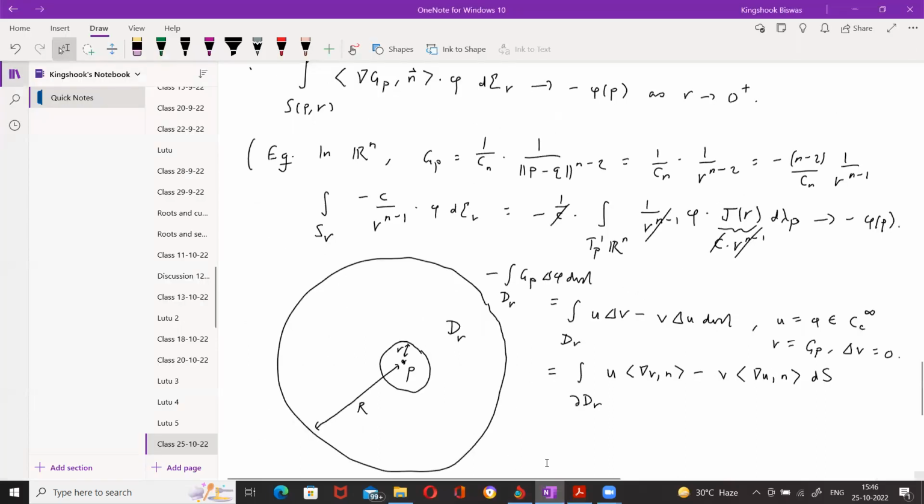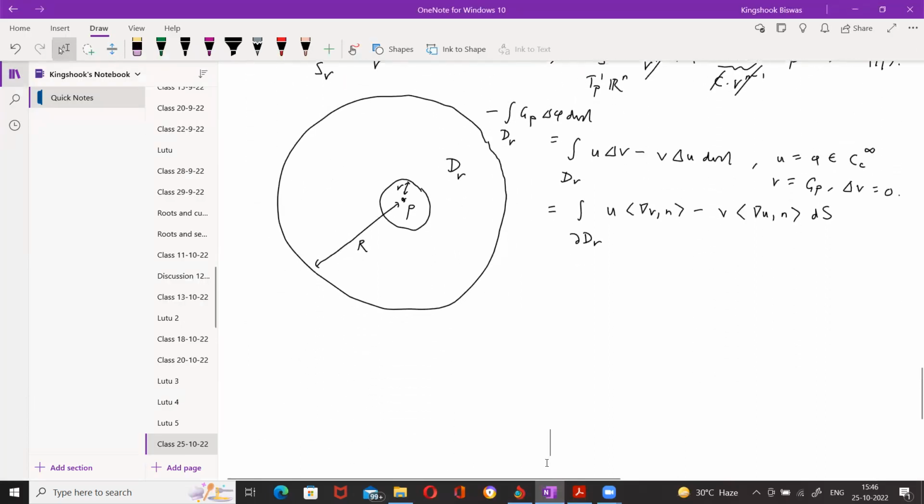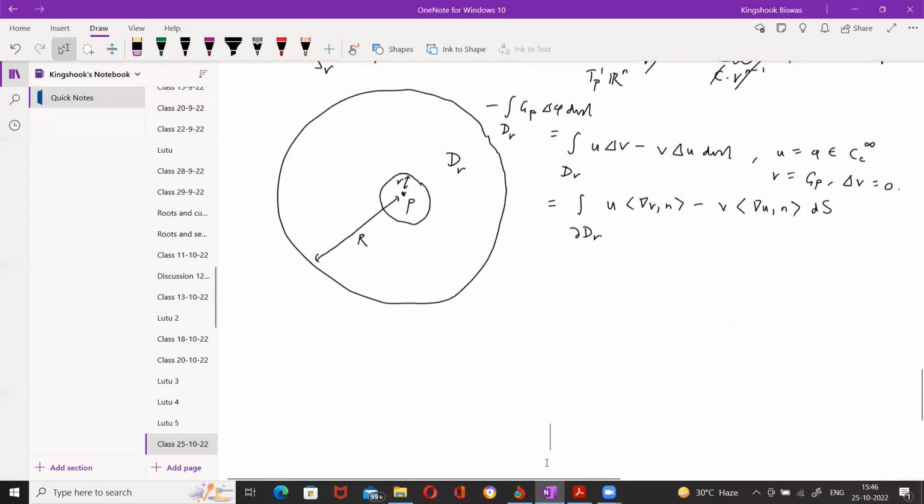In R^n, what would you do if you want to solve, say, Laplacian f equal to h, and you have that Laplacian of g is equal to the Dirac at 0? Then you write h as h convolved with the Dirac.